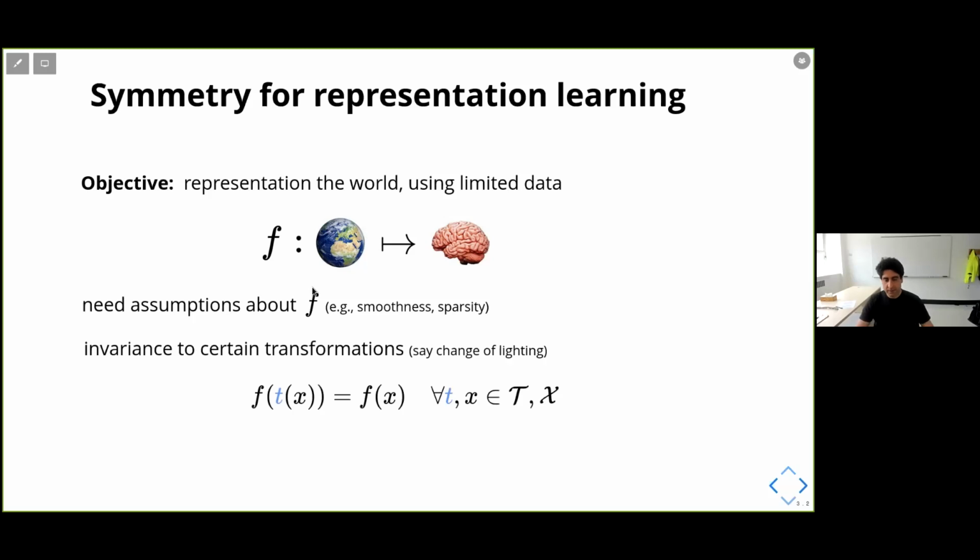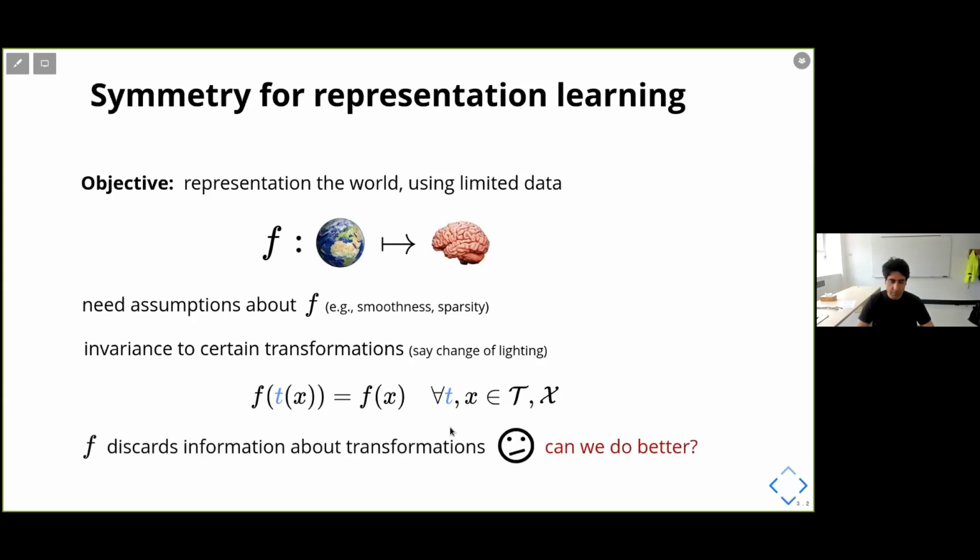One inductive bias that we could use is invariance to symmetry transformations, so the value of this function f does not change under the transformation. But then this type of representation is not ideal because it's discarding information about the transformation T.